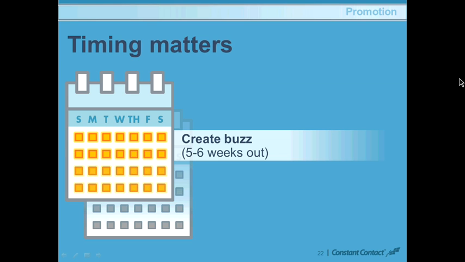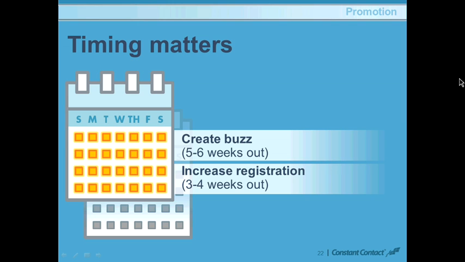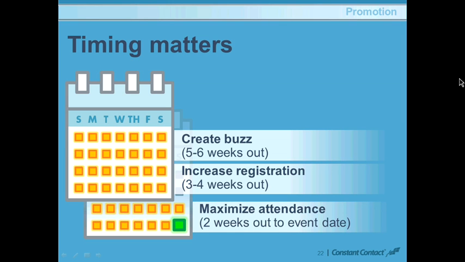The first is creating buzz. The second is increasing registration, and then maximizing attendance. And each stage is broken down into different best practices that are designed to help you achieve the goal of that stage. And each of these stages come together to make your event a success.